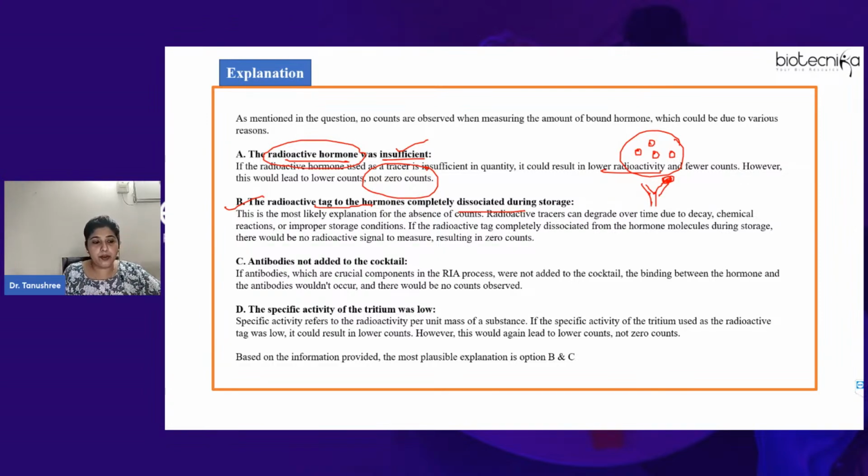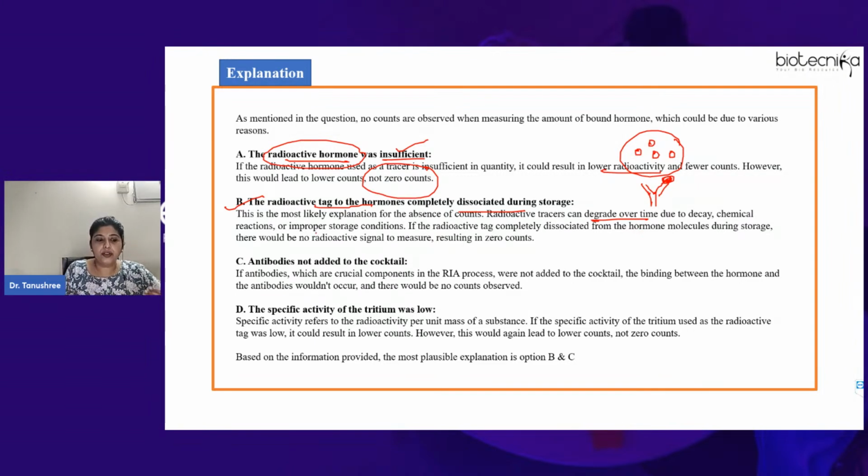Then when you say that the radioactivity tagged to the hormone has completely dissociated, yes, this could be the most likely explanation for absence of counts. Whenever you are performing these experiments, the radioactive tracers that you are using need to be freshly prepared or ordered. Radioactivity degrades over time because radioisotopes undergo decay.